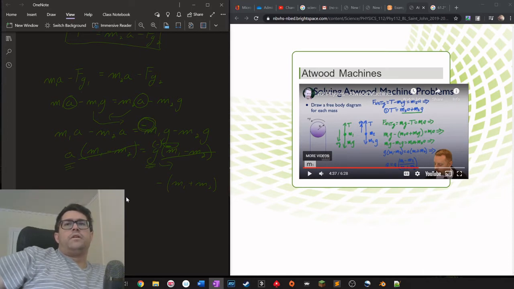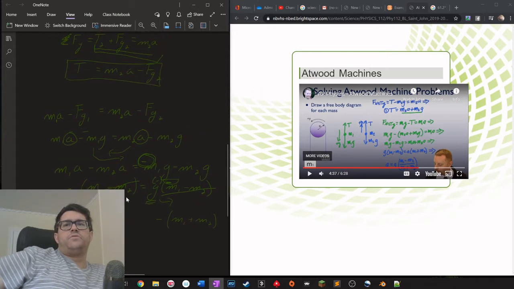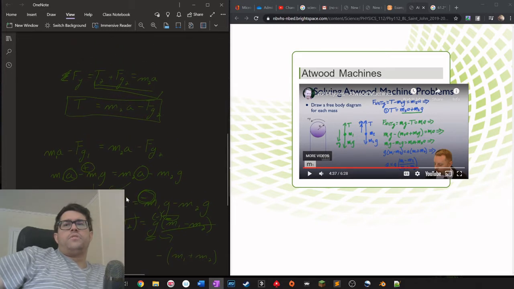I get this minus M1G if this is a positive, not a negative. And we would do that if this would be a positive, not a negative. How do we fix this problem? And what does it mean?